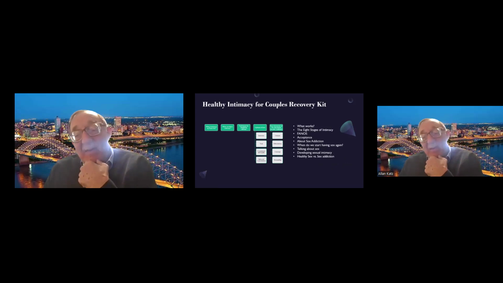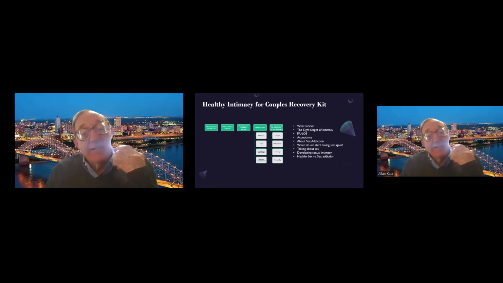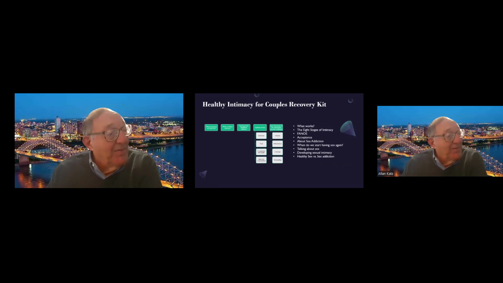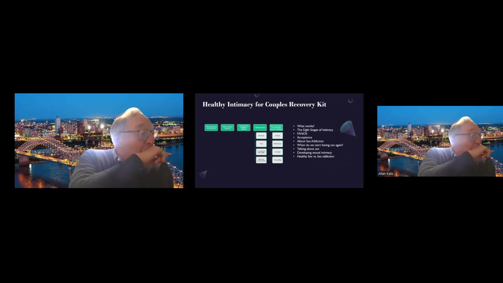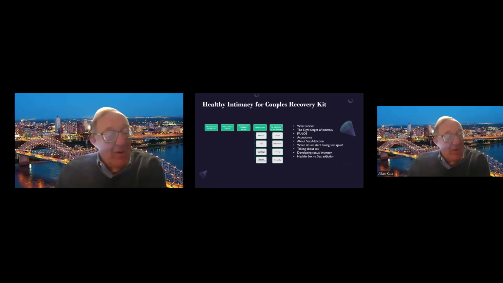So one of the main things is the Healthy Intimacy for Recovery Kit, and this is something I developed to help couples with intimacy. It starts out with what is empathy? What is intimacy, by Paula Hall.